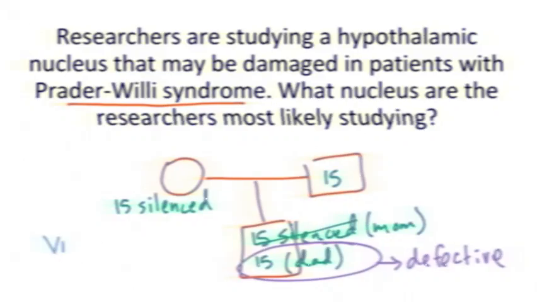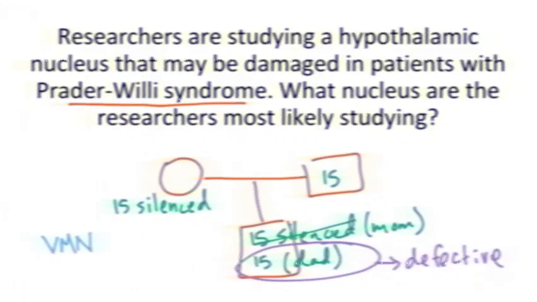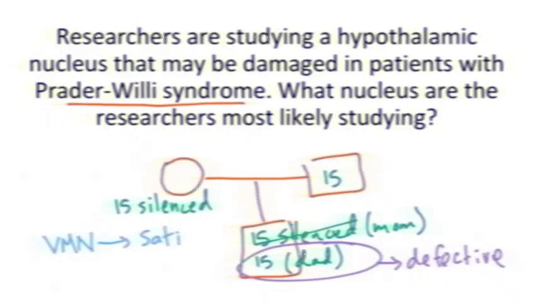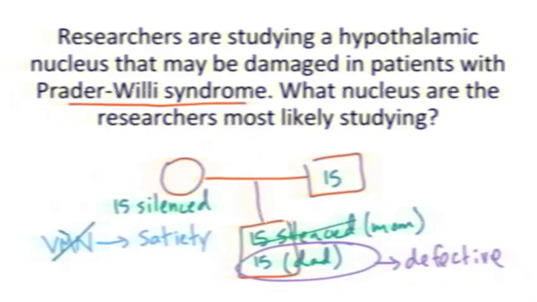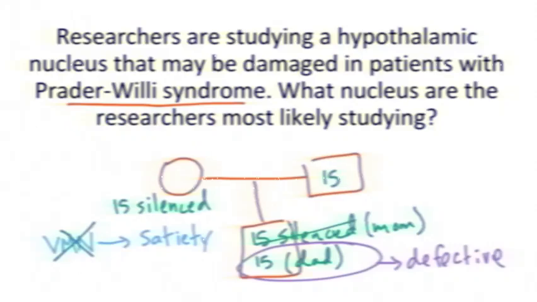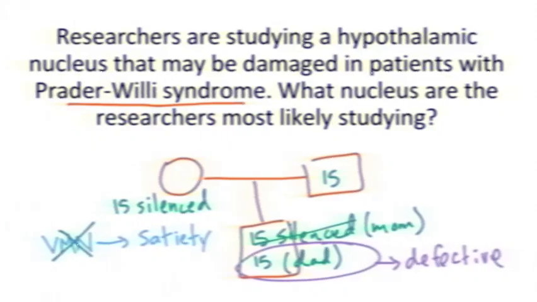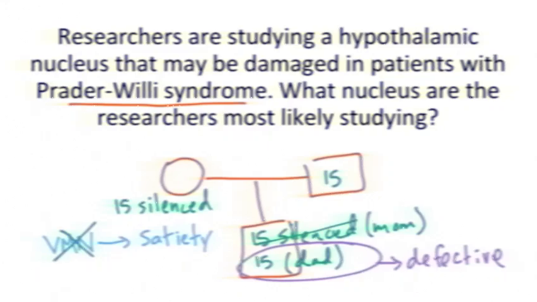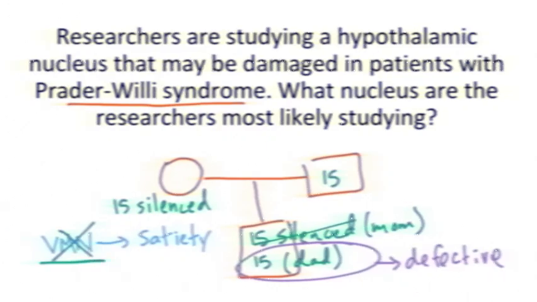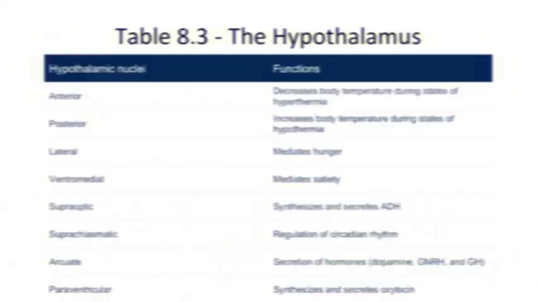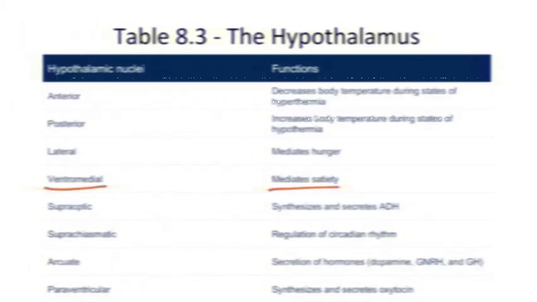Because our patient is overeating, we can assume that the researchers are most likely studying the ventromedial nucleus of the hypothalamus. From table 8.3, we can see that the ventromedial nucleus normally mediates satiety. So damage to this region of the brain would result in hyperphagia, as I just showed.